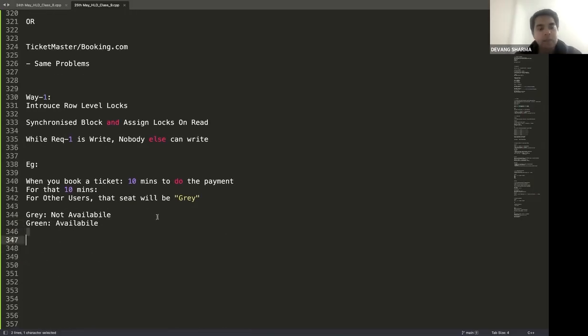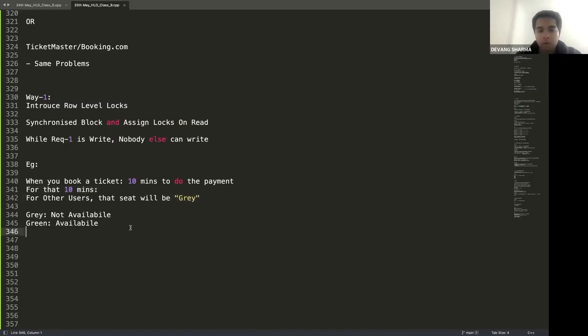People can still read, right? Think of a ticket booking, let's say movie ticket booking. Somebody logged in and selected a seat, but they have not done the payment yet. They still have 10 minutes to do the payment, 5 minutes, 10 minutes, depending upon whichever system it is. For those 10 minutes, if some other user sees the screen, they would see that seat is not available.